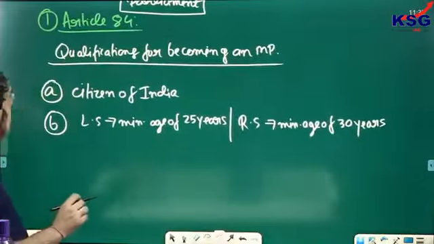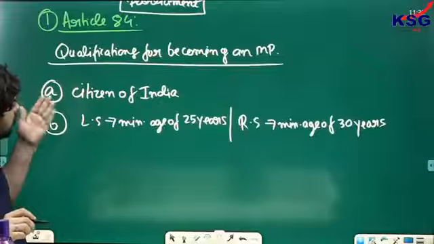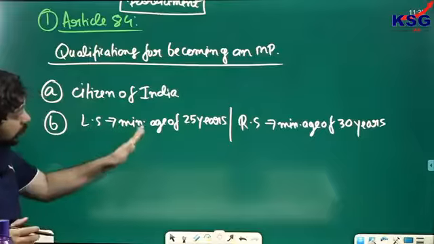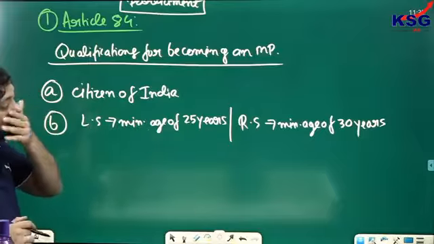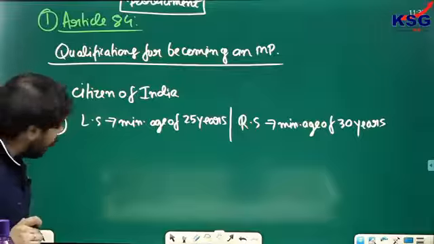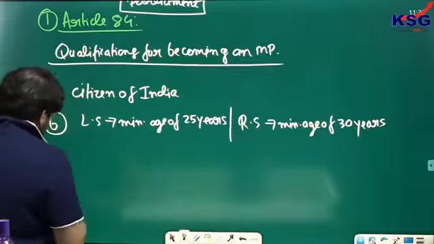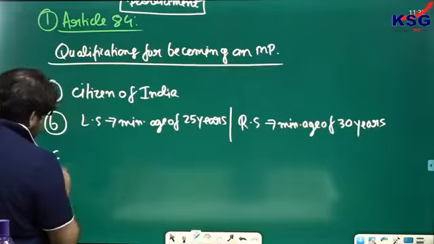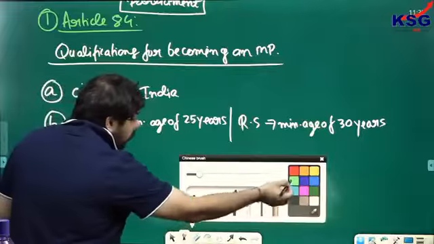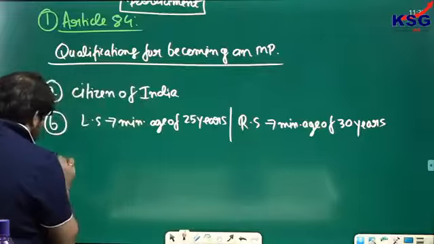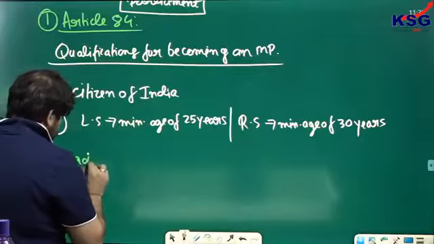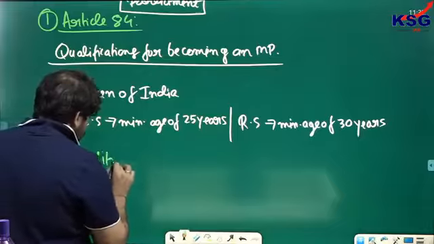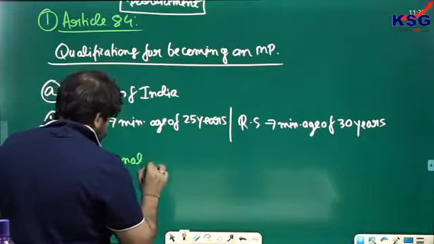Let's take a look at this again. Qualifications for becoming an MP: citizen of India, Lok Sabha minimum age 25 years, Rajya Sabha minimum age 30 years. Okay. The third criterion given here is additional qualifications.